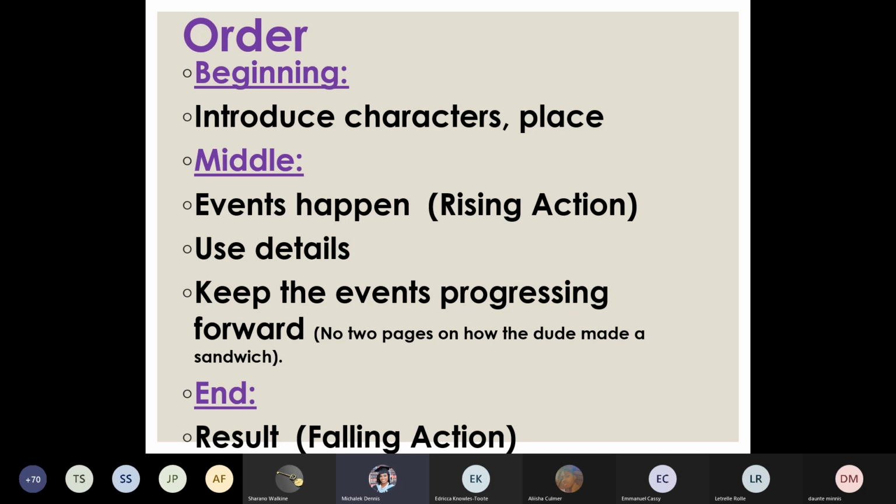Anybody recall what comes after the falling action? Resolution. Very good. Good job, students.